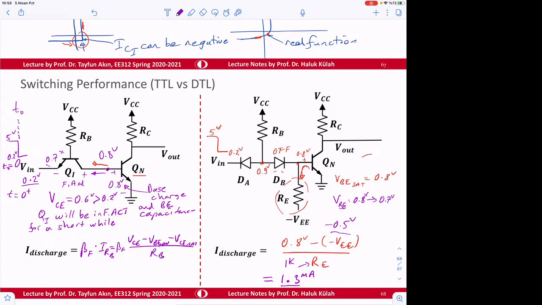Okay, so let's say RB is still 1 kilo ohm, and I guess I made a mistake here. This is CC, right? So this is VCC. So this is 5 volts. This one is 0.7 volts. And then this VCE SAT.